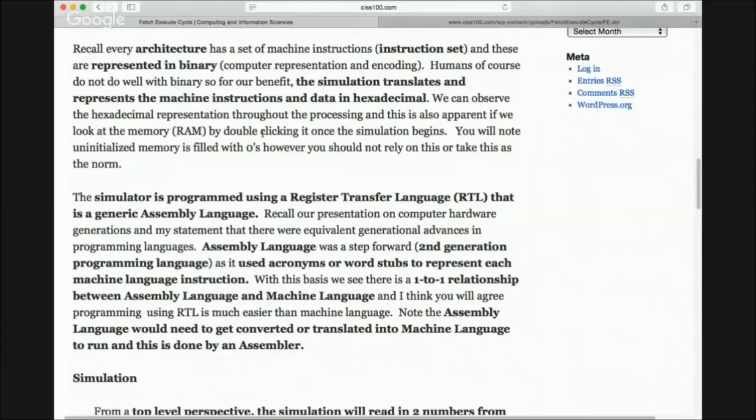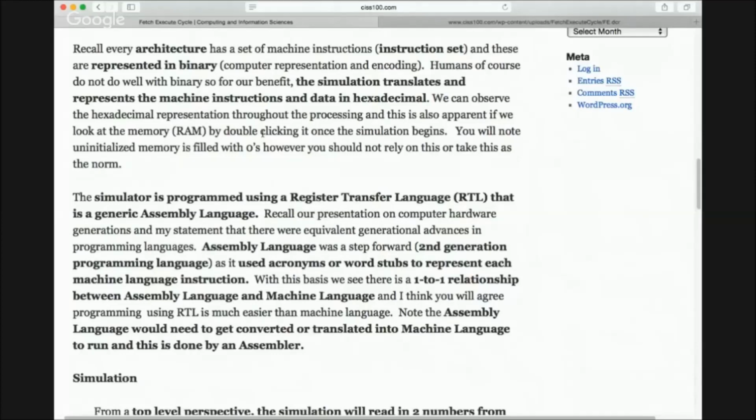With assembly language, it was easier to program. Once I wrote a program in assembly language, I would have to convert it, or assemble it, into machine language. So there'd be a specific assembler, which is a program, which would essentially translate my assembly language instructions into machine language instructions.